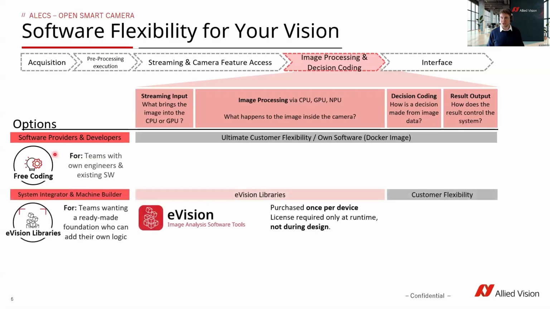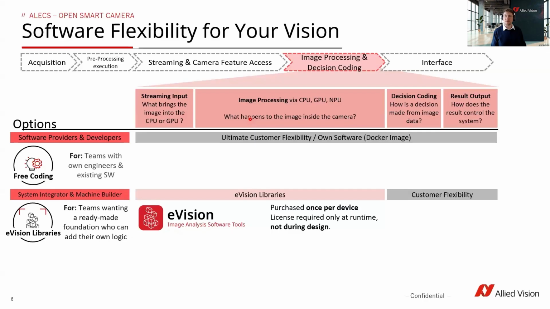Then, as Alecs Vision, we also have a one-stop shop approach where we also provide some software libraries. The software libraries in our house are called eVision libraries, which can do different applications and do the image processing. So we have a rainbow-colored full solution center, let's say, for the applications.